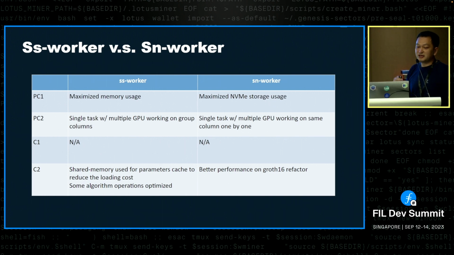So we use shared memory to cache the parameters across multiple processes, which reduces the parameter loading cost. We also did some algorithm optimization. For the supranational side, they have refactored Groth16. So we also integrated the grid job into the scaling architecture.